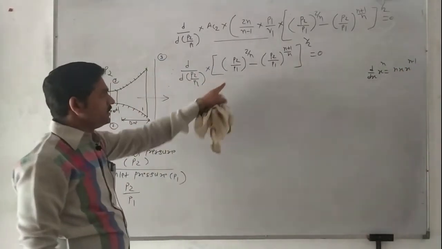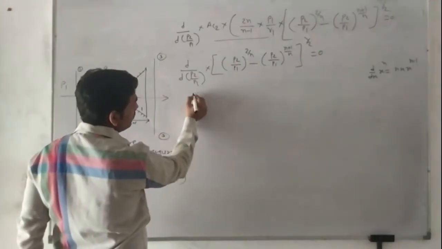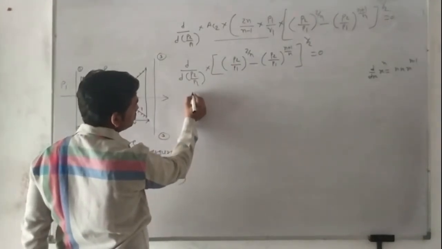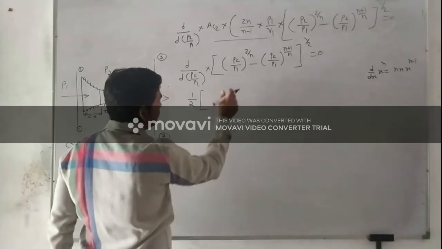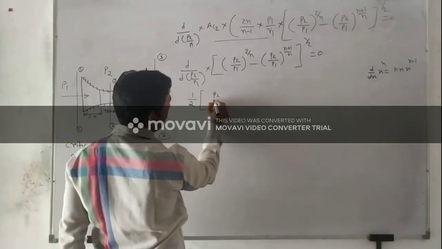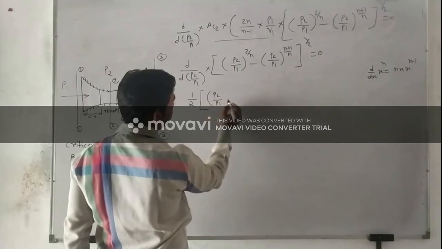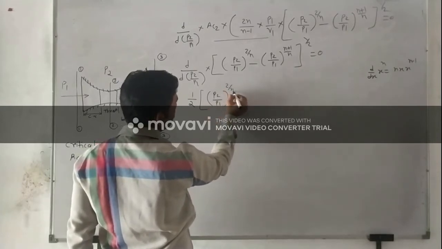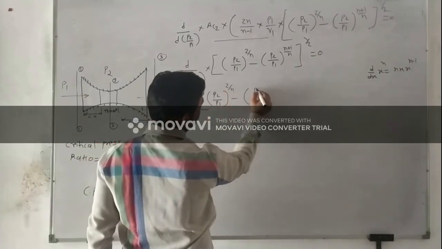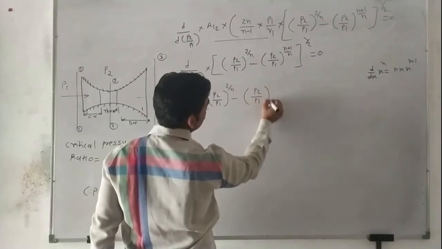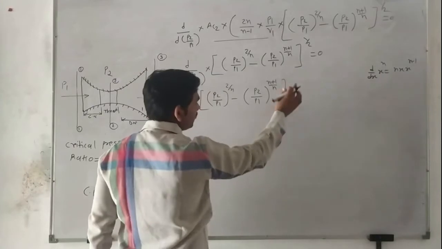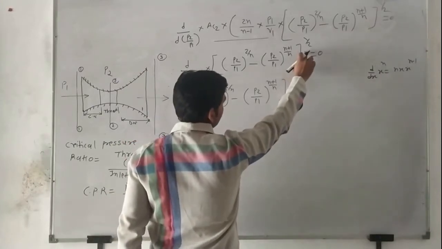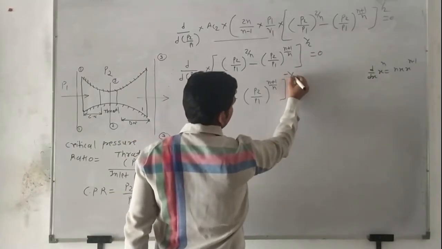If you differentiate this, what is? 1 by 2. Correct. Very good boys. 1 by 2. Then what is here remaining? (P2 upon P1) to the power 2 upon n minus (P2 upon P1) to the power n plus 1 upon n, to the power, what is? Correct, minus 1 by 2.